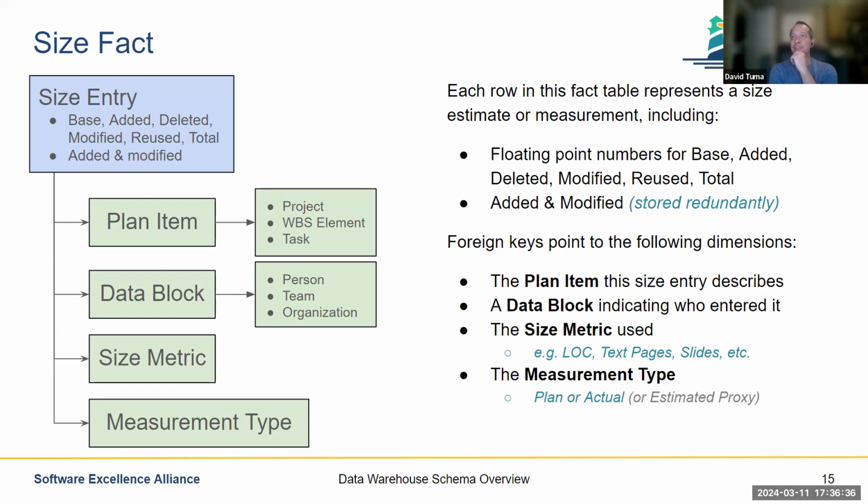For example, if people had different definitions of a line of code, then it might be hard for you to take the data from two different organizations and compare apples to oranges. But I think that was already true, and it's not a problem that magically disappears because you've got a data warehouse. I was thinking more of the non-standard size metrics teams might come up with, where two left-handed red kumquats have different meanings. Yeah, great question.